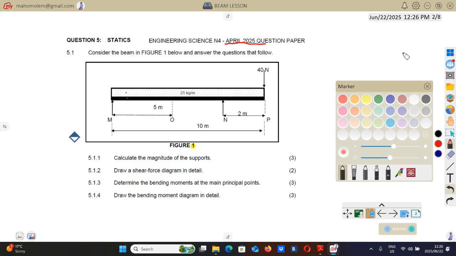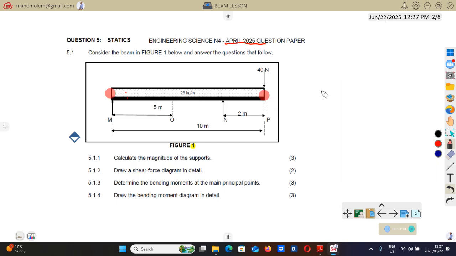Now there's going to be a challenge here. When you check, the total length of this beam is 10 meters, so from here to there is 10 meters. 5 meters was supposed to be halfway, somewhere here.